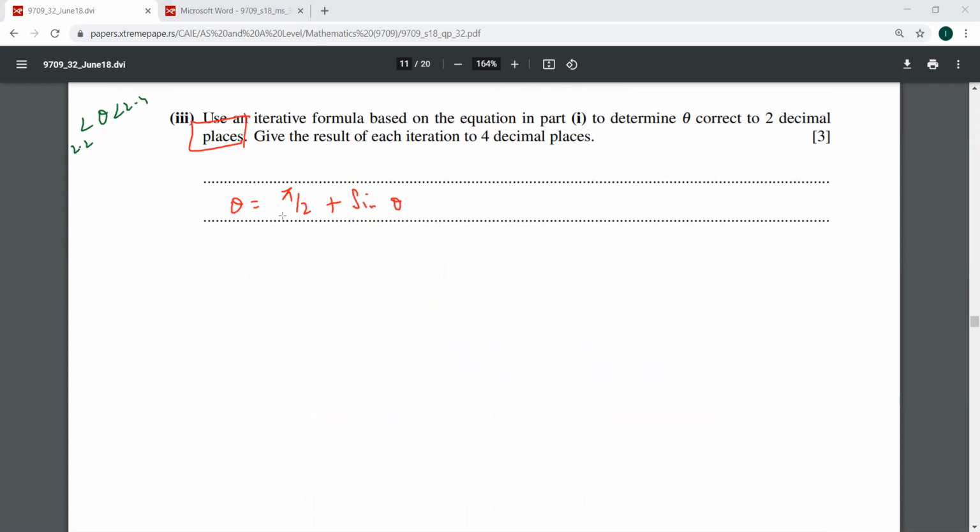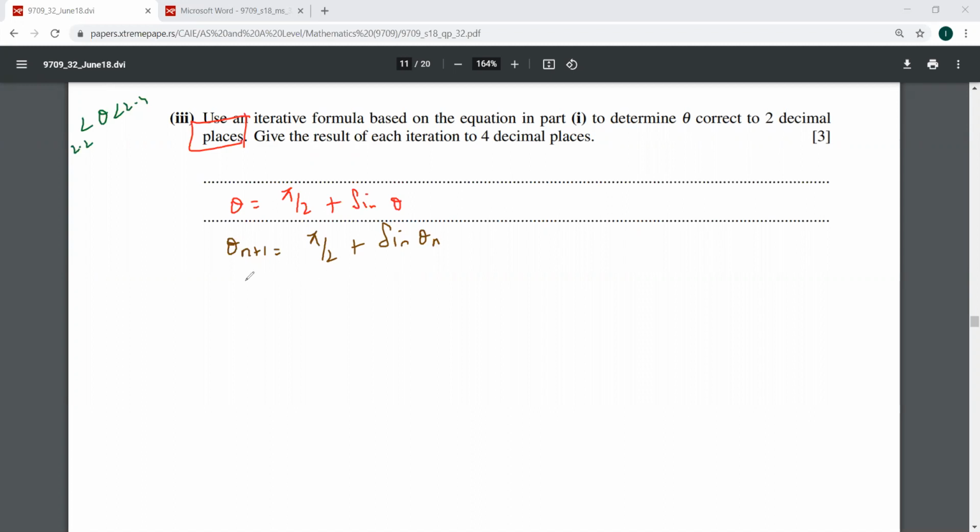How can we convert this formula into an iterative formula? You will have to write n plus 1 with this, and you will write n with this. This changes your equation into an iterative formula.